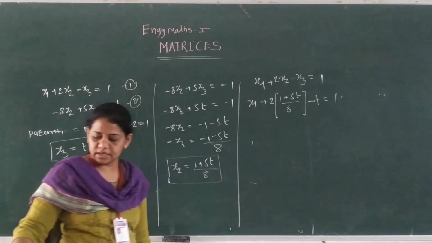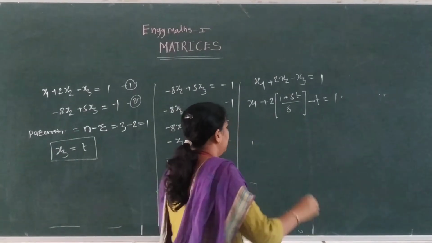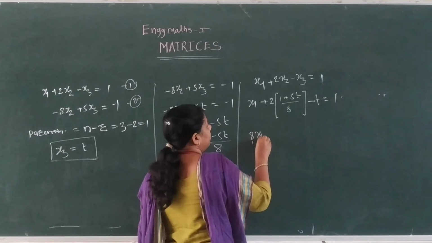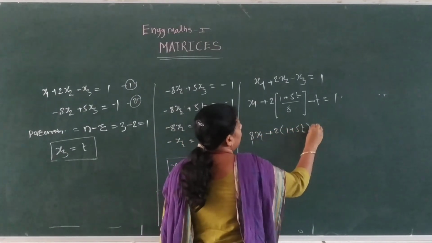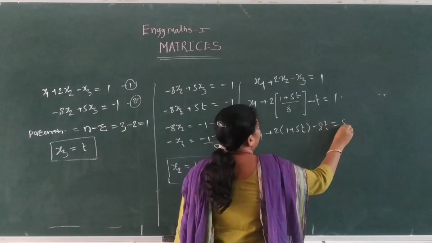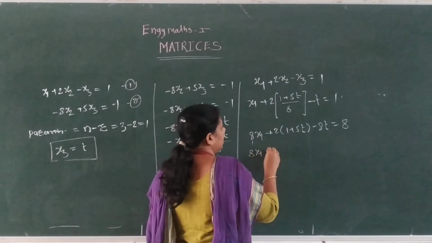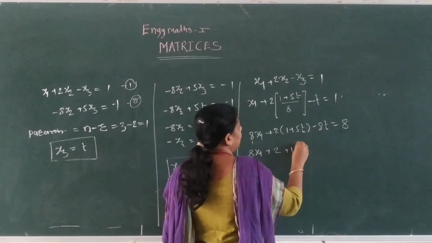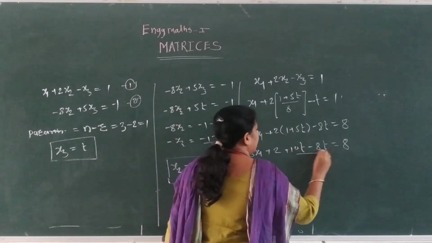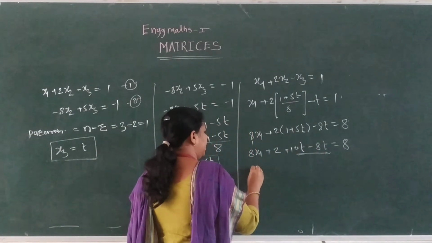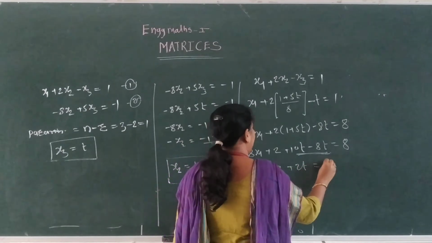Taking LCM as 8: 8x1 plus 2 into (1 plus 5t) minus 8t equals 8. So 8x1 plus 2 plus 10t minus 8t equals 8. Adding and subtracting the parameter terms, 8x1 plus 2 plus 2t equals 8.